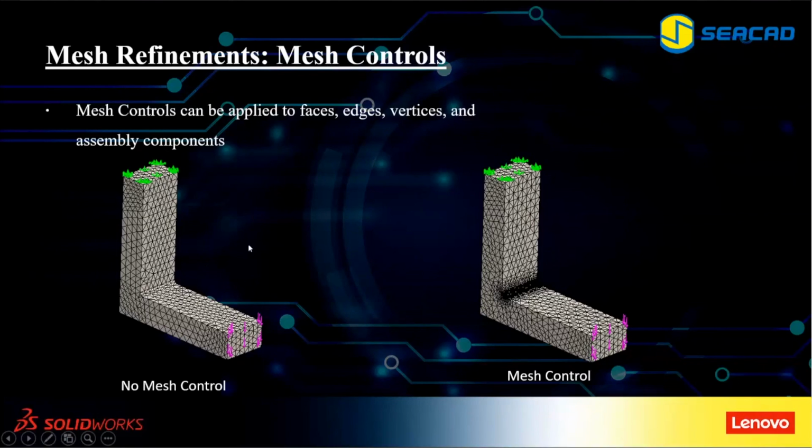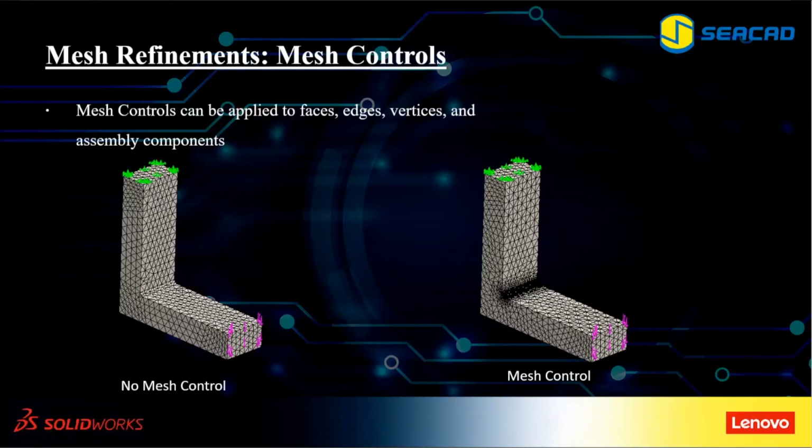So this left side is with no mesh control and this is with mesh control. Experiments have proved that the more you refine the mesh, the more accurate the result you can get, until the result is converged. That's why we add the mesh control.